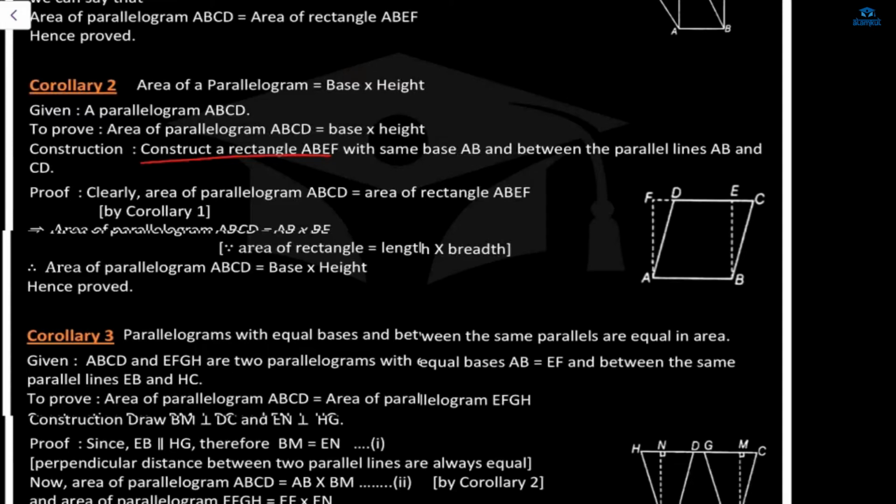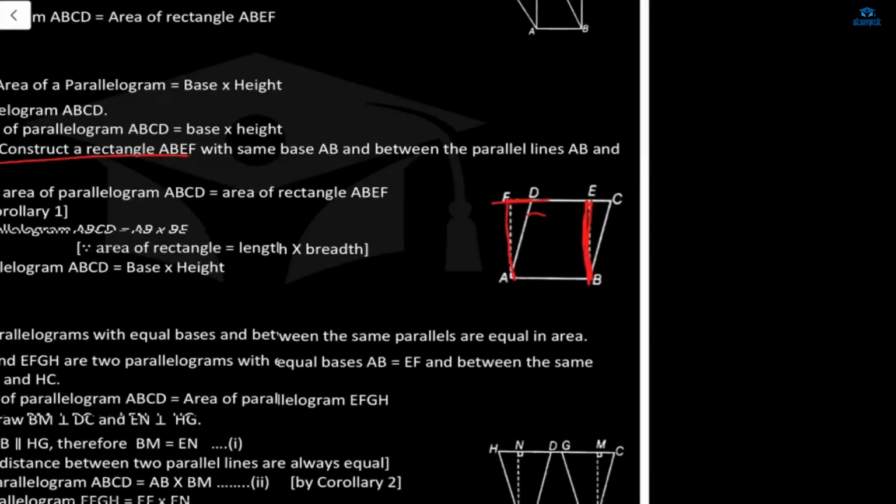Why am I using a rectangle? Because the rectangle's sides are perpendicular to each other. So AB is perpendicular to DC, and AF is perpendicular to this one, because height means the perpendicular distance between the two lines.